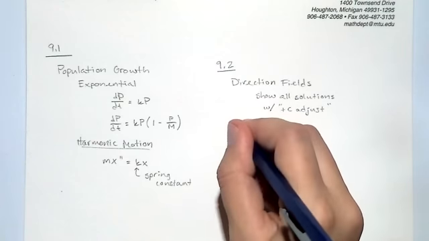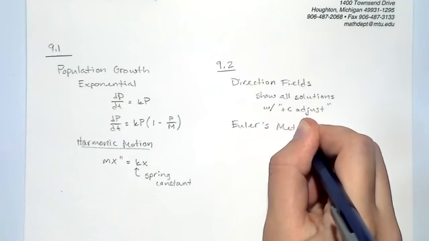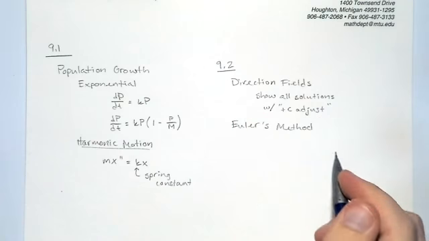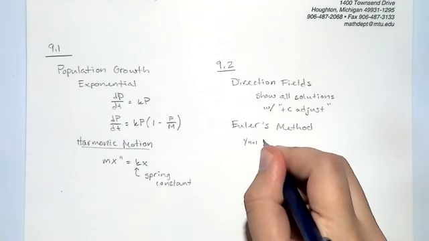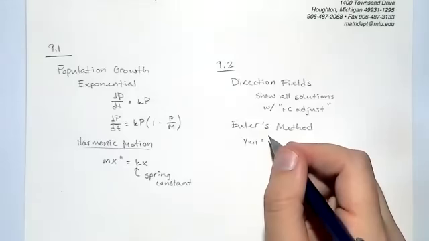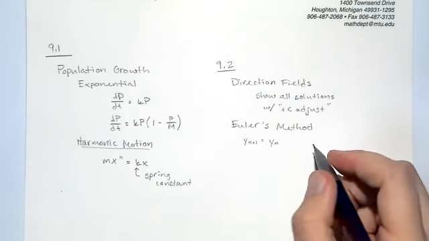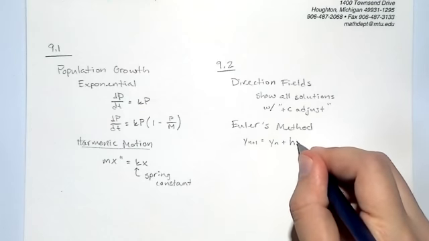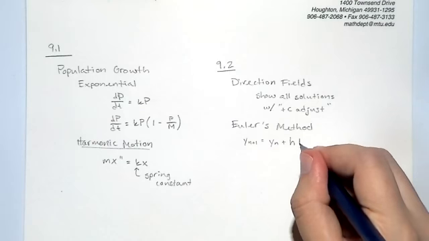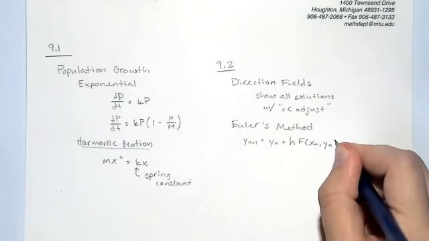So next thing you guys covered was then Euler's method. And with that, we have the general equation y sub n+1 is equal to y sub n plus h, our step size, times f of x sub n, y sub n.